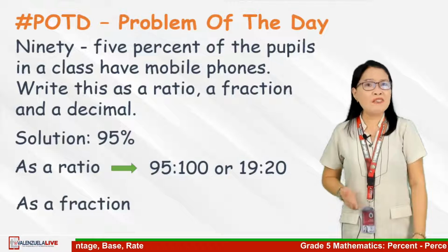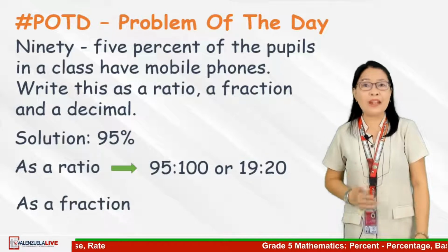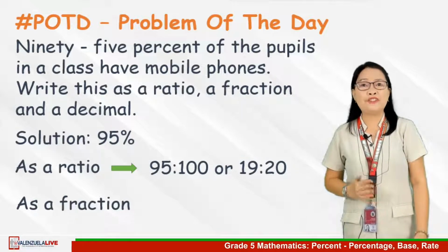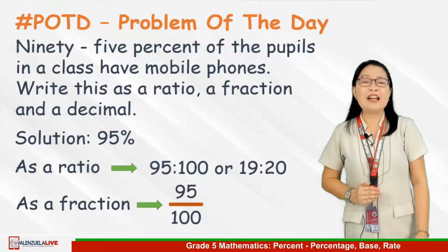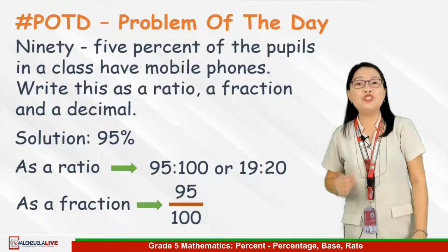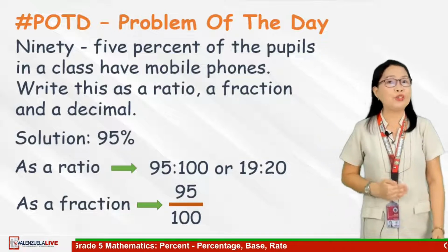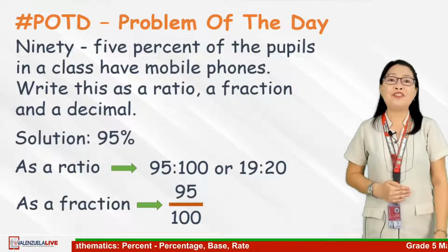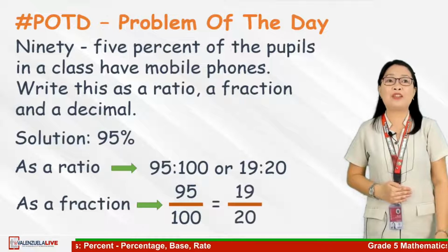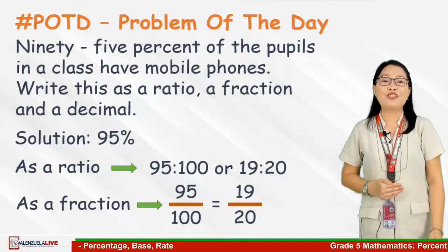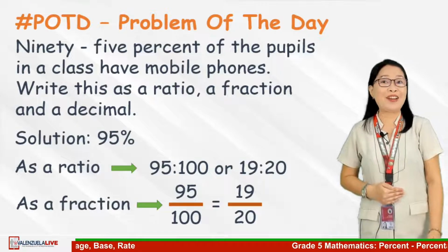Now, as a fraction, 95%. The denominator is 100 and the numerator is 95. Again, we're going to get the lowest term of the fraction, which is equivalent to 19 over 20. Okay?